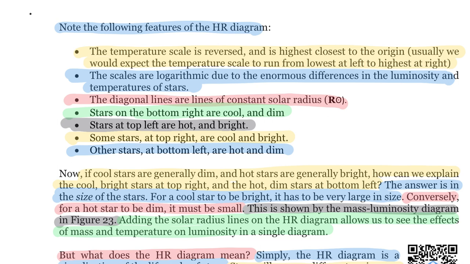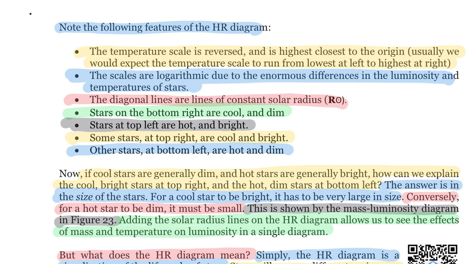Now, if cool stars are generally dim and hot stars are generally bright, then how can we explain the cool bright stars at the top right and the hot dim stars at the bottom left? So now the answer is in the size of the stars. So for a cool star to be bright, it has to be very large in size. So remember, the luminosity relationship was L equals sigma times surface area multiplied by T to the power 4.